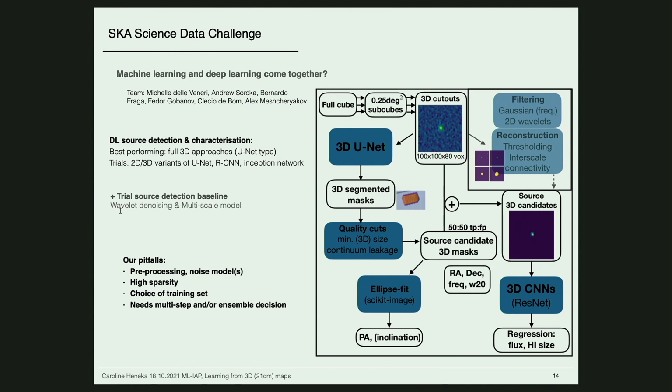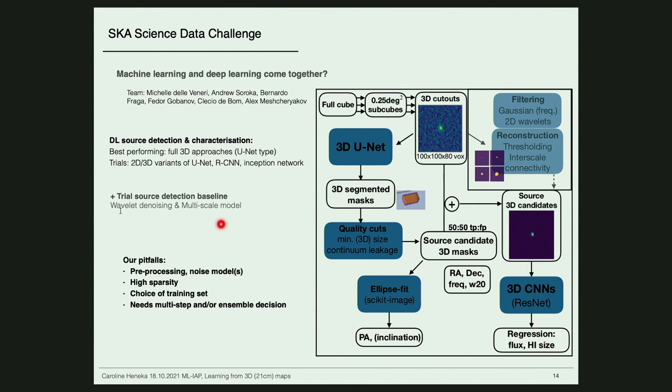The little team I had, a team of very young people, were going at it uninformed by radio astronomy, and we tried two approaches. A wavelet filtering and multiscale reconstruction approach that's not much tailored yet for radio sources, and we let it compete with a 3D U-Net that takes these sources, segments them, and then the convolution gives us our source candidates, where we can derive the parameters.